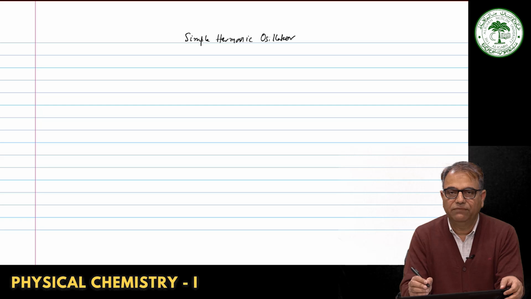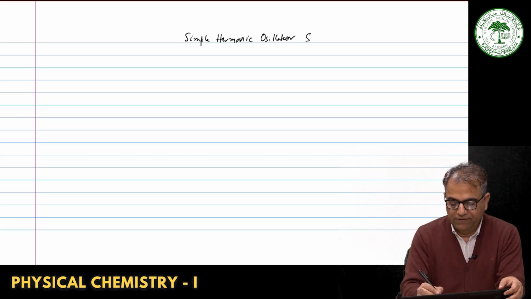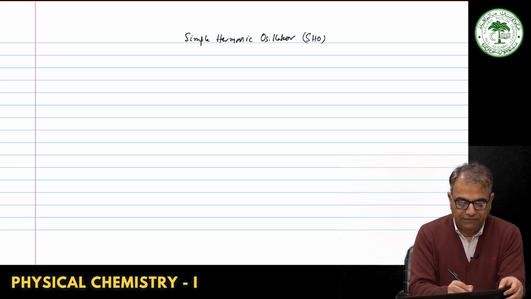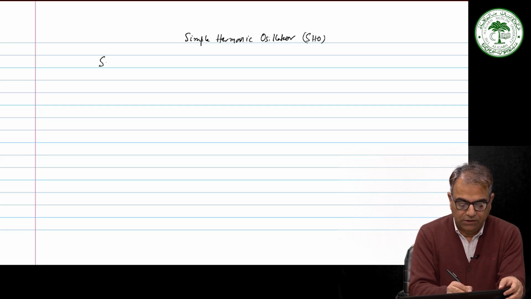You will have to do these calculations on your own, looking at this video wherever you feel problems. So today we are going to do the simple harmonic oscillator, applying the Schrodinger wave equation to this system.